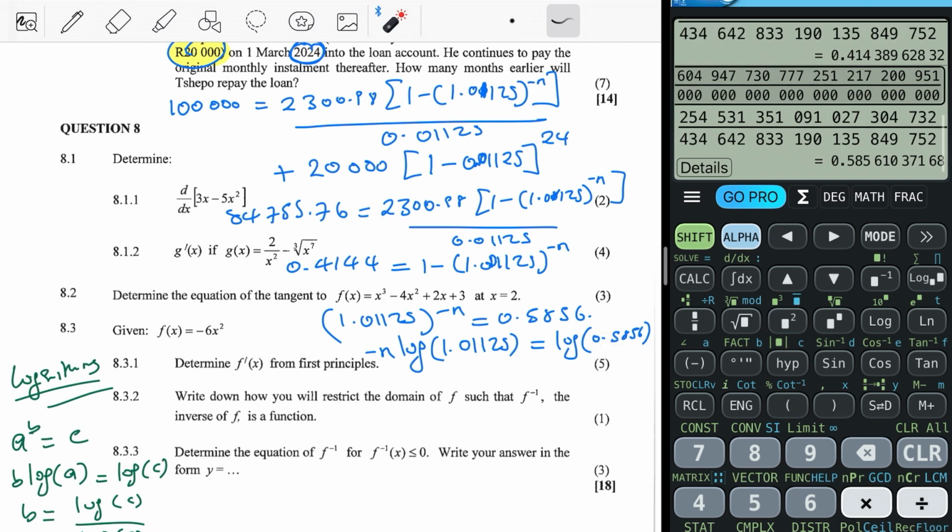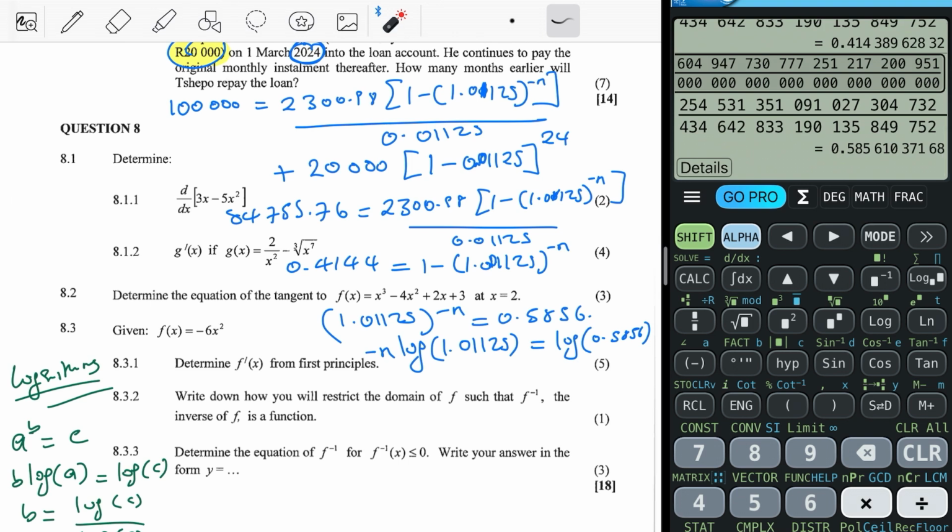I want you to type the actual answer that you get in your calculator the way it is, because you're not gonna get the right answer if you start simplifying into certain decimal places. You lose your closeness to your answer.